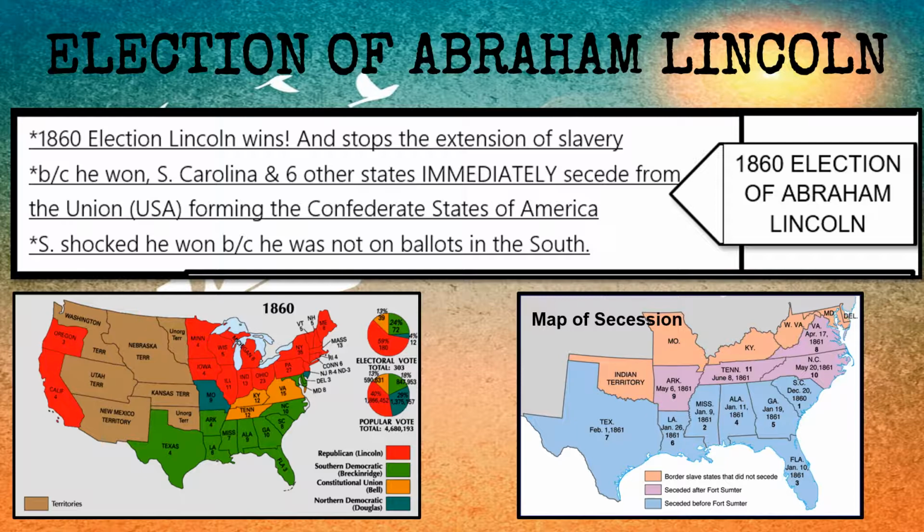If you look at the map on the right, you will see that a lot of these states seceded. You definitely had South Carolina. Let me erase this so it doesn't look like a hot mess.